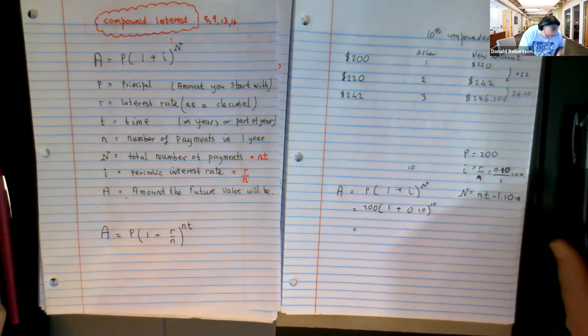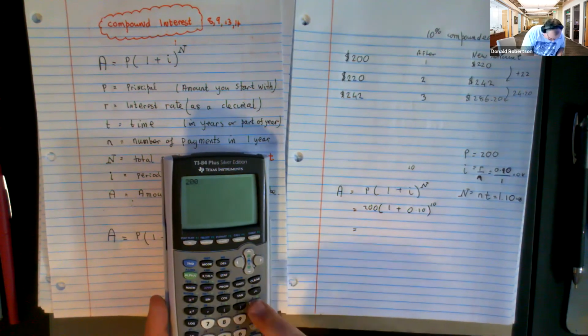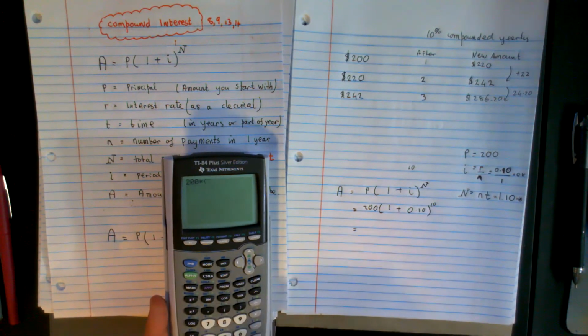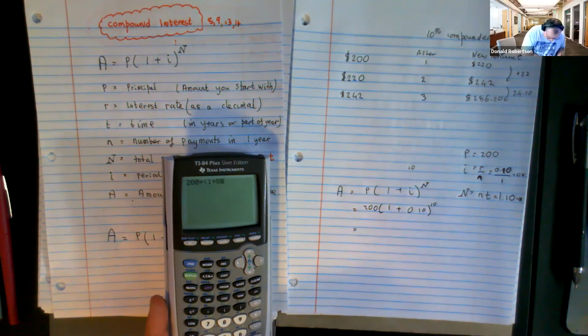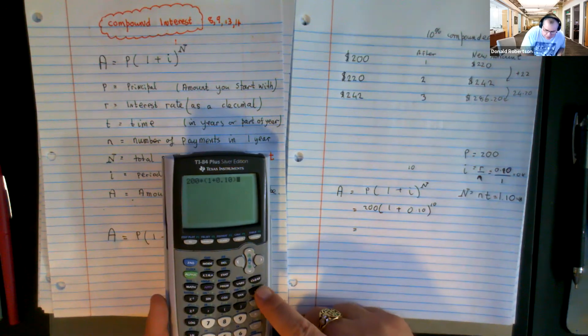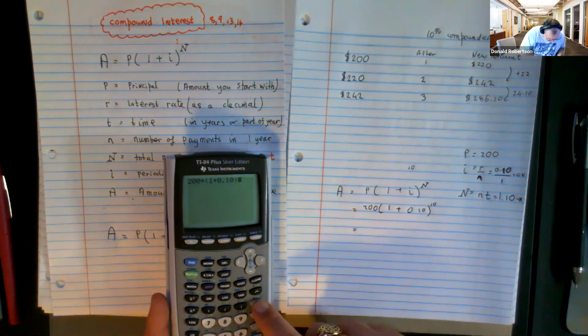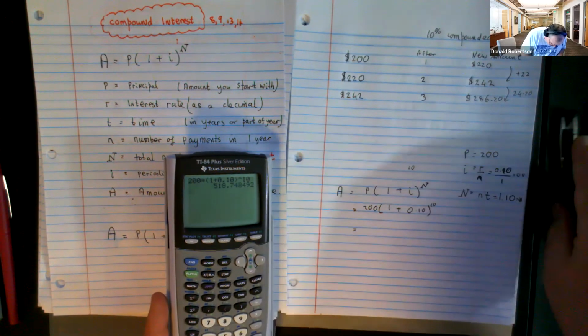Let's show you how you do that on your calculator. 200 times a bracket 1 plus 0.10, close the brackets. To get the power, you use this funny little key here. It's called a caret. Little hack. Hit it, type 10, and you hit enter.